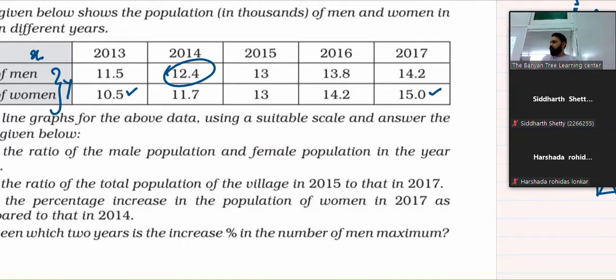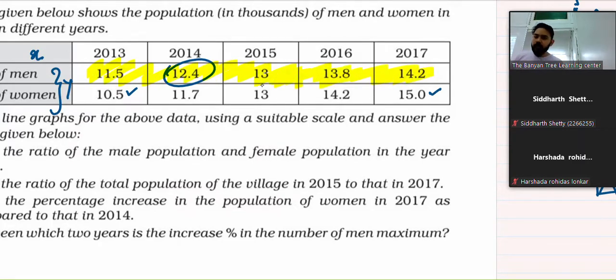So there is no problem in this. Where will the problem come? That there will be two points corresponding to each parameter. So for 2013 there will be 2 points, one for men, one for women. So there you have to be very careful. What I suggest is, when you plot a double line graph, first plot for one parameter only.